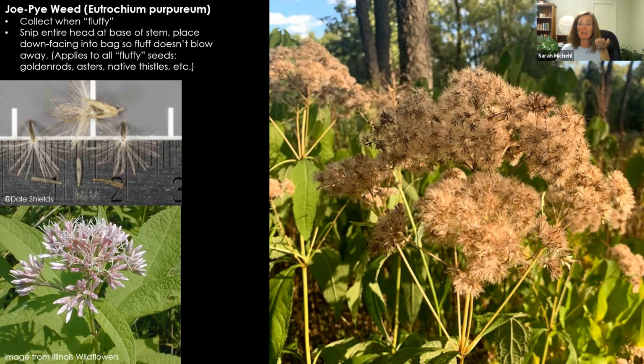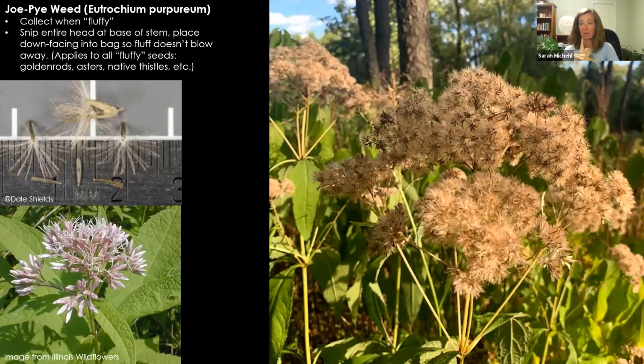The way I would collect this Joe Pye, and right now I've noticed a ton of my Joe Pye out in the woods is fluffy like this: I would walk up to the plant, and you can see at the very base of the plant in that picture on the right, all of those stems come to one central stem.